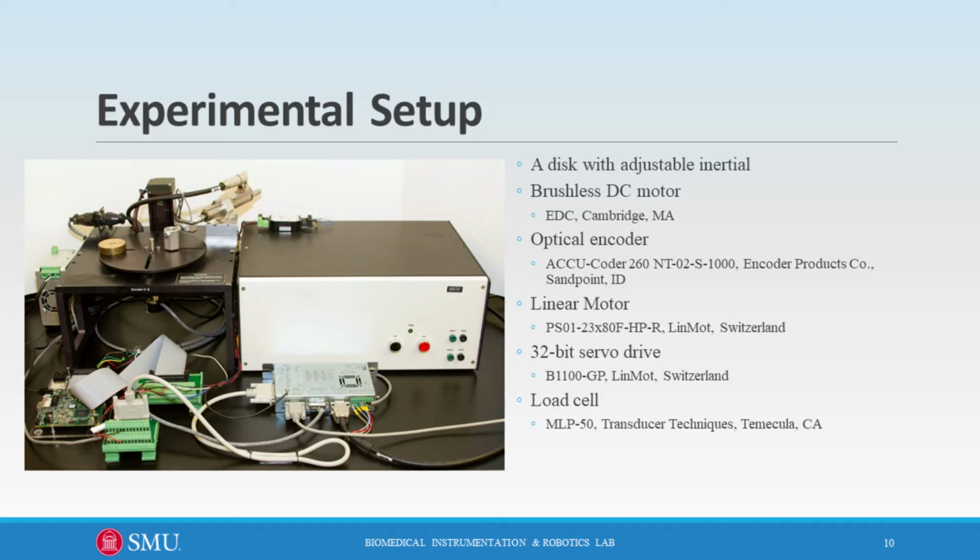The disc can be controlled by the brushless DC motor, which is independent of the permanent magnet linear motor, so we are free to choose the position of the disc based on our demand using a PID controller, which is geometrically set to determine the position of the linear motor. And we had a load cell between the secondary mechanism, which is a disc, and the linear motor translator. Therefore, what we are measuring from the load cell is considered as the external force for the linear motor.